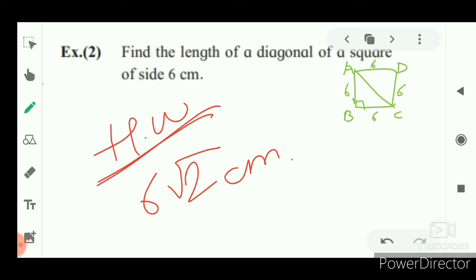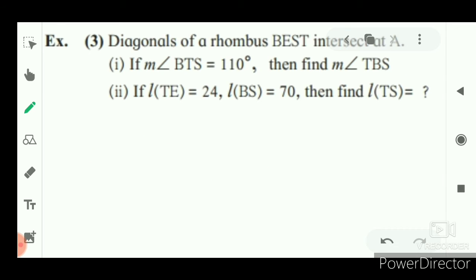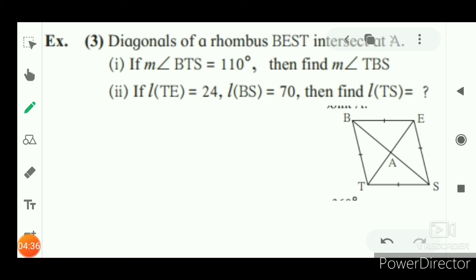Okay, let's move on to the next question. The diagonals of a rhombus BEST intersect at A. A rhombus is given to us whose diagonals intersect at point A. So first of all, let's draw the rhombus. Here we have drawn the figure of quadrilateral BEST.